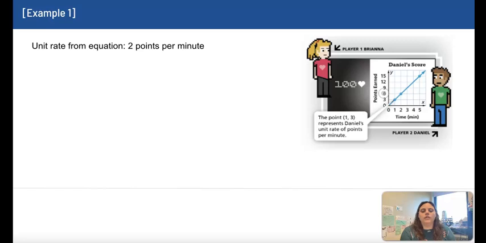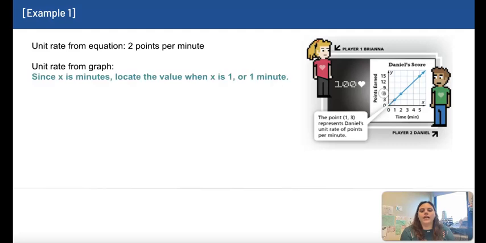Now let's take a look at Daniel. In order to get Daniel's rate from the graph, we want to look very specifically at 1 minute. Since x is minutes, we're going to locate the value where x is 1, or 1 minute. This will tell us how many points he scores per minute. We can see that at 1 minute, Daniel has earned 3 points. You can see this where the time of 1 matches on the line with 3 points, or (1, 3).